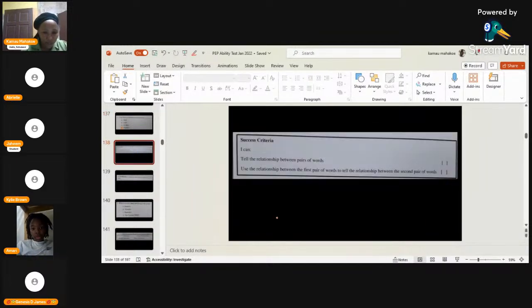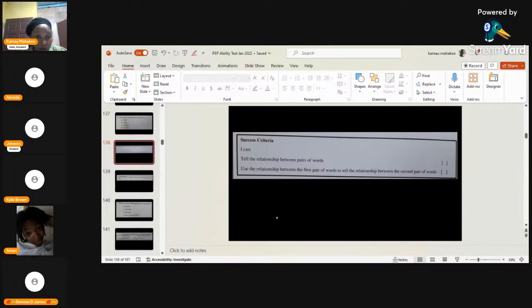All right, so success criteria. This is how we would know if we have been successful in understanding the verbal reasoning questions. If you are able to say, I can tell the relationship between the pairs of words, because remember, that's the first thing we need to identify.